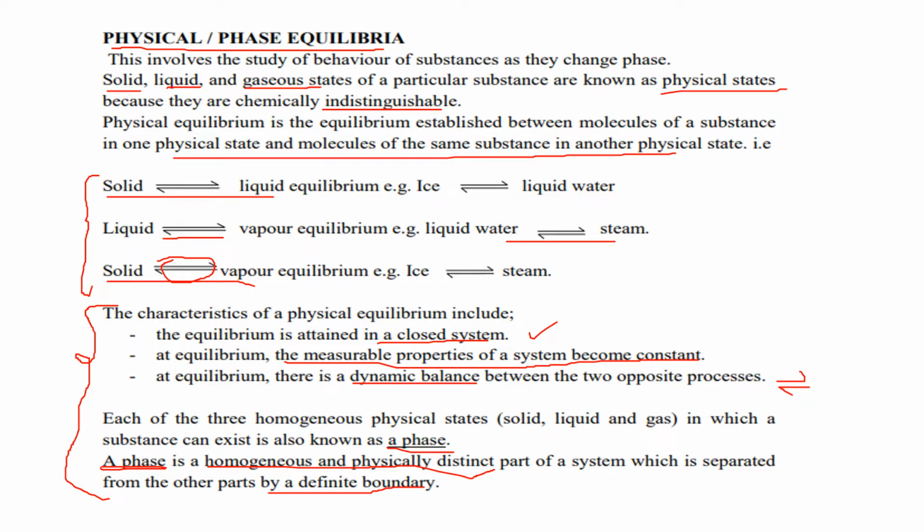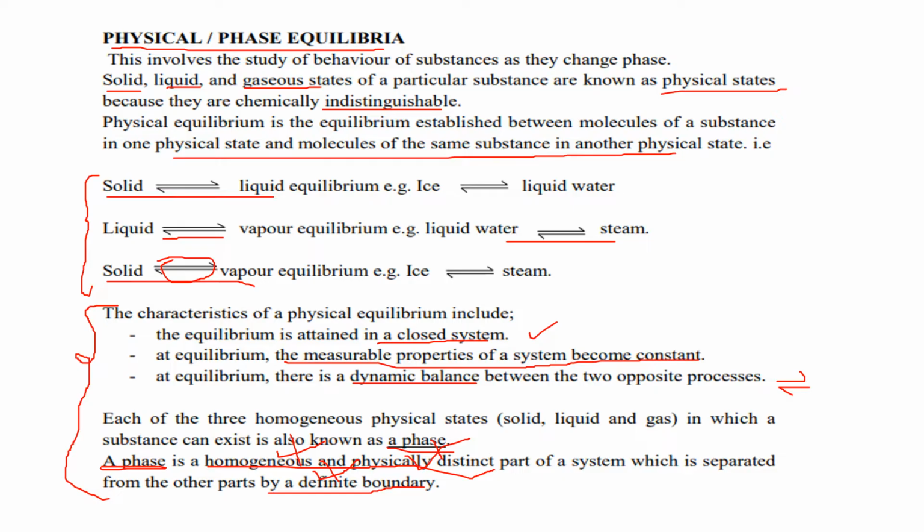So the marking points in this definition are homogeneous, physically distinct part of a system, and also the definite boundary. So take note of that.